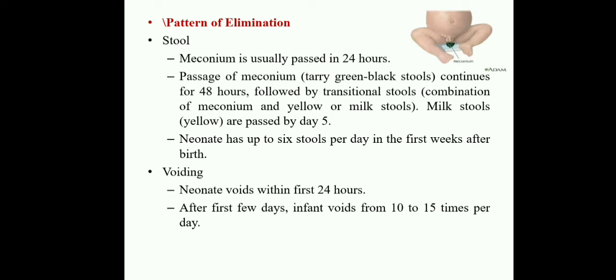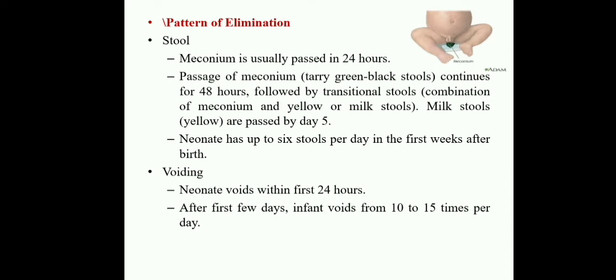We have to observe the first 48 hours. After 48 hours, these stools are called transitional stools. It is a combination of the meconium, the green color, and then yellow or milk stool color also is there.